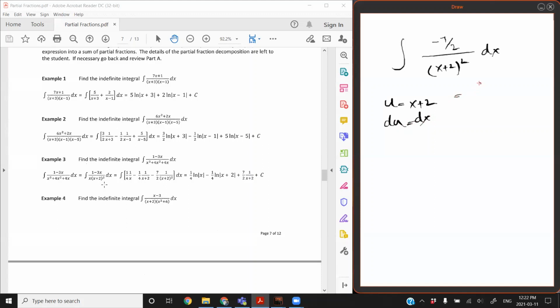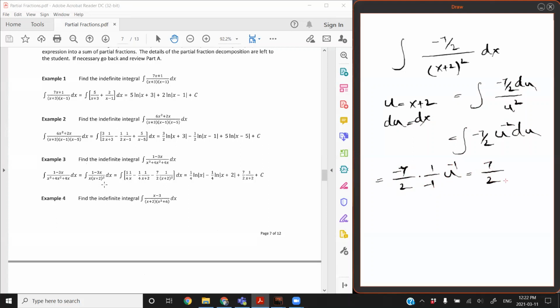So this integral becomes negative 7 over 2 du over u squared, which is the same thing as having negative 7 over 2 u to the power of negative 2 du, which is going to be negative 7 over 2 times 1 over negative 1 u to the negative 1.